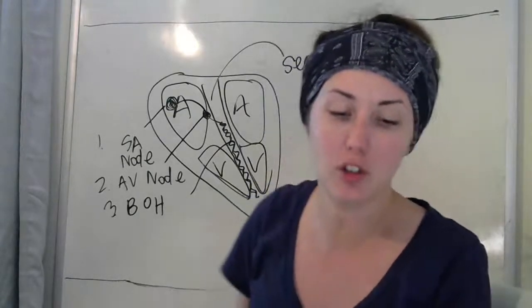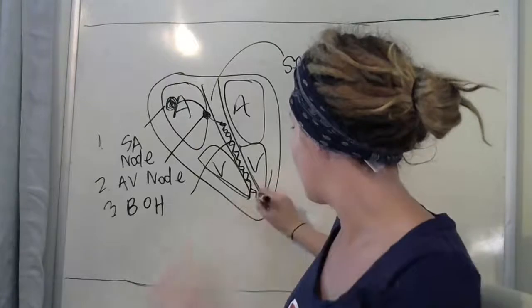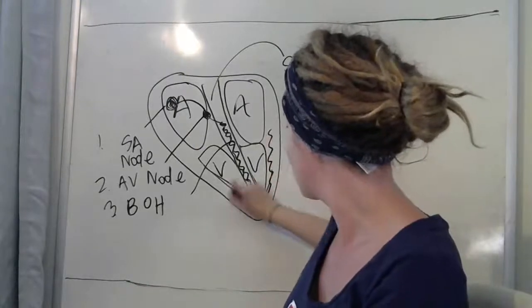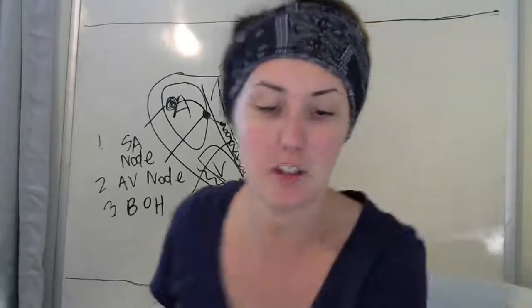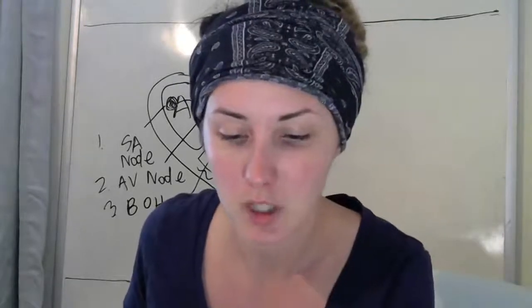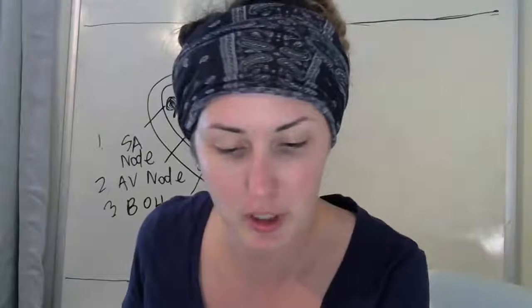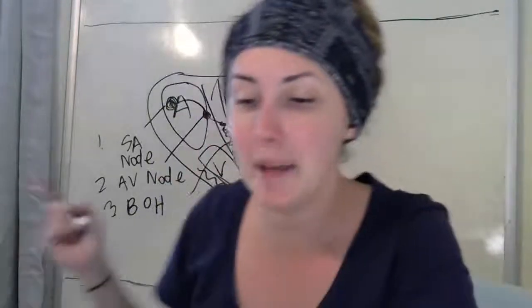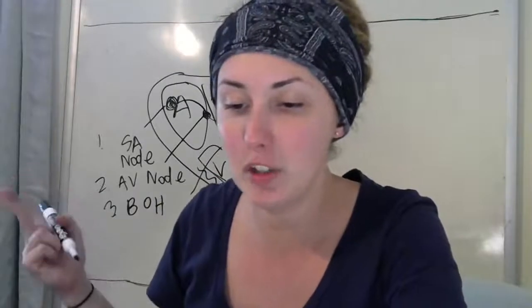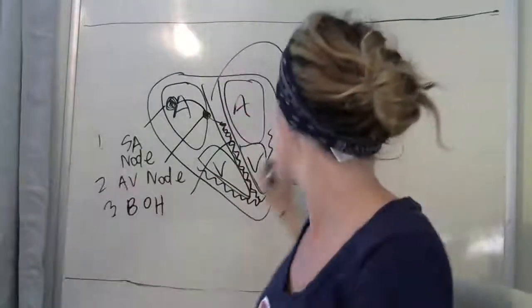You have the AV bundle, or your bundle of His, and then it forms off into branches. Give me just a second, I'm trying to find where I am in the book so I can pick you guys up. Okay. SA node, AV node, your bundle of His, and then your branches.